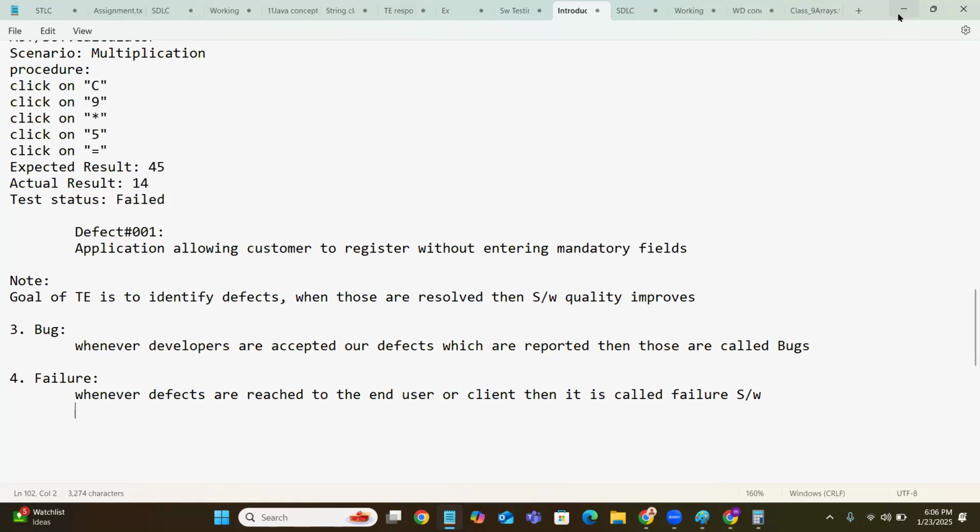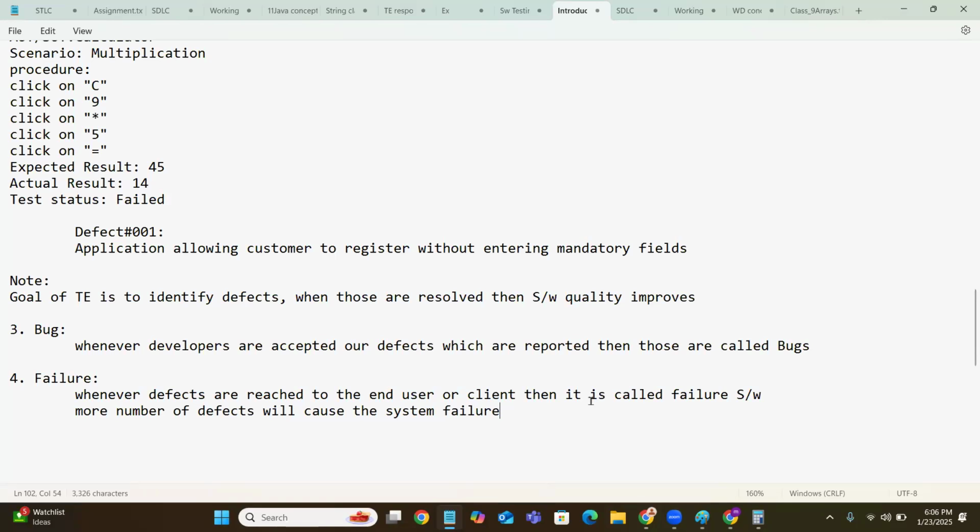More defects will cause system failure. Understand me? So it is clear: failure is related to the complete software system. A defect or bug means one component or one feature is not working.